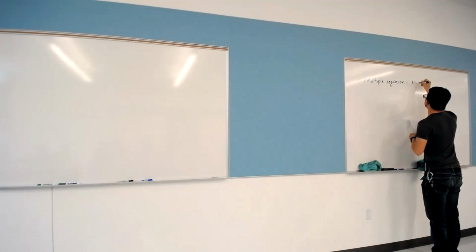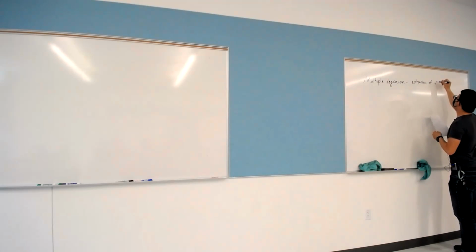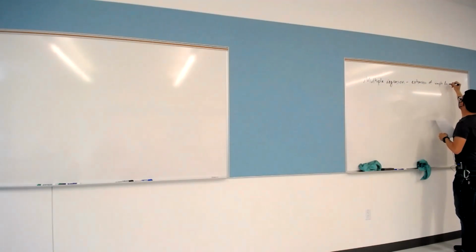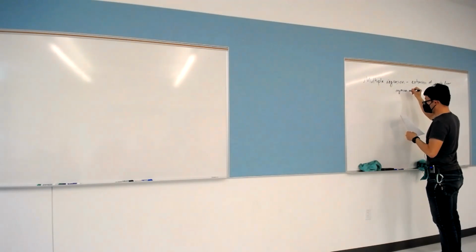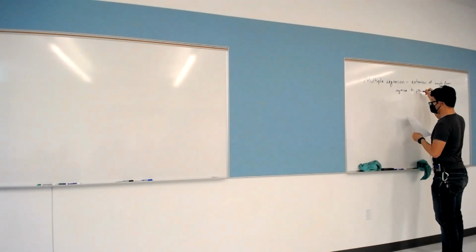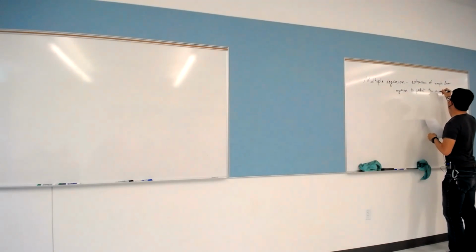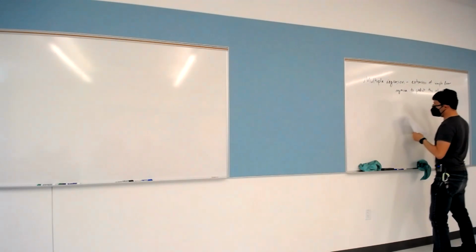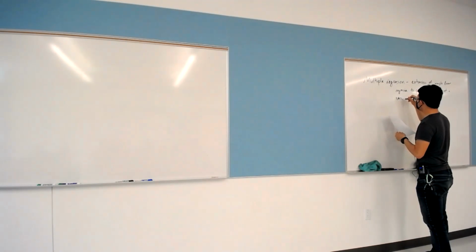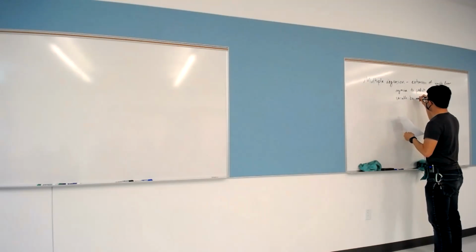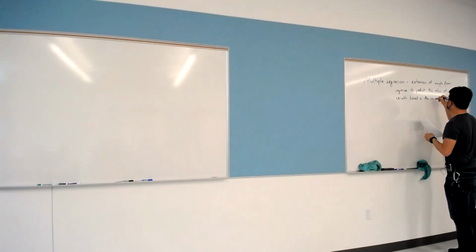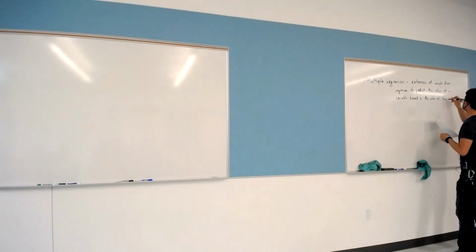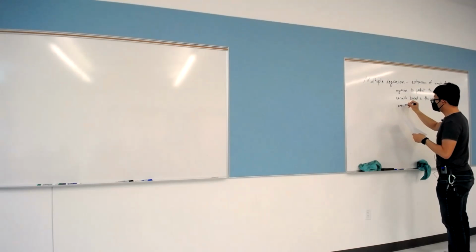So this is an extension of simple linear regression to predict the value of a variable based on the value of two or more other variables.